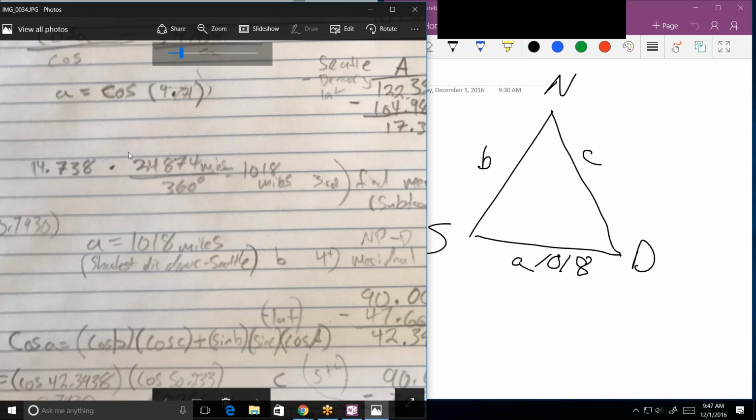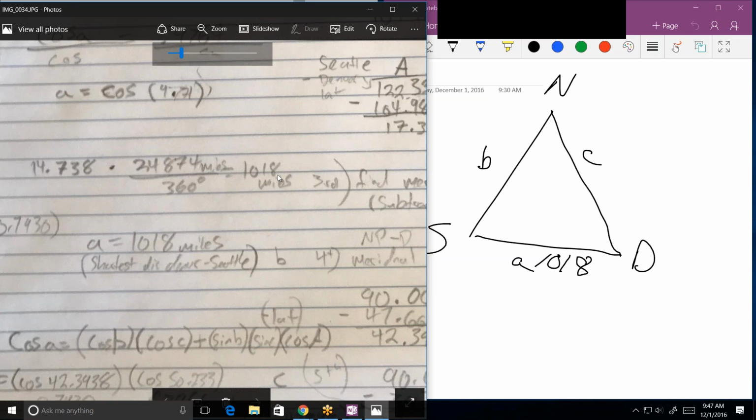And I can see where they've taken the circumference of the Earth and divided it up into 360 degrees. So that number must be 1018. Here, let me use my calculator real quick here. 24,874 divided by 360.